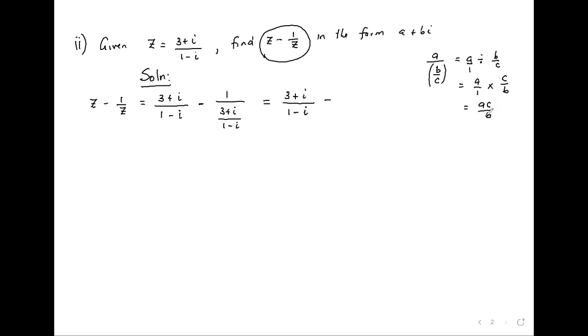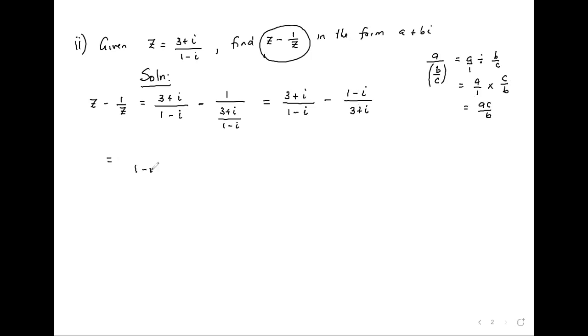Now from this, when you get back here, you say, okay, so this will be 1 minus I over 3 plus I. Okay, now it's a fraction. What do we do? We put together the common denominators.